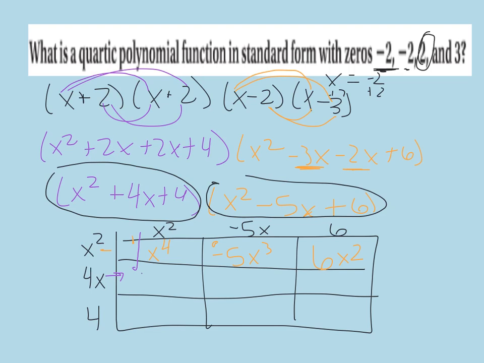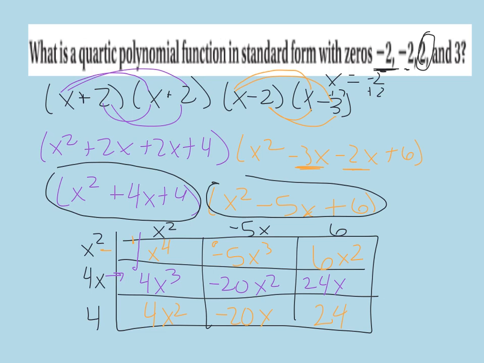So this next one would be 4x cubed. This becomes a negative 20x squared because negative 4 times negative 5 is 20 and I have two x's. The last one would be 24x. And last but not least, I would have 4x squared minus 20x plus 24.